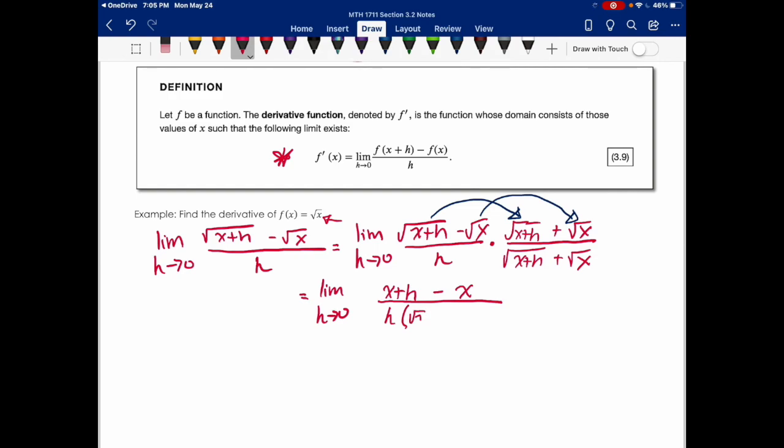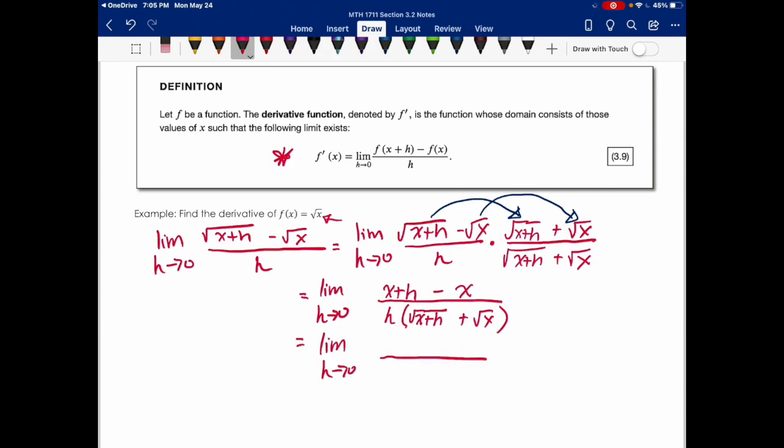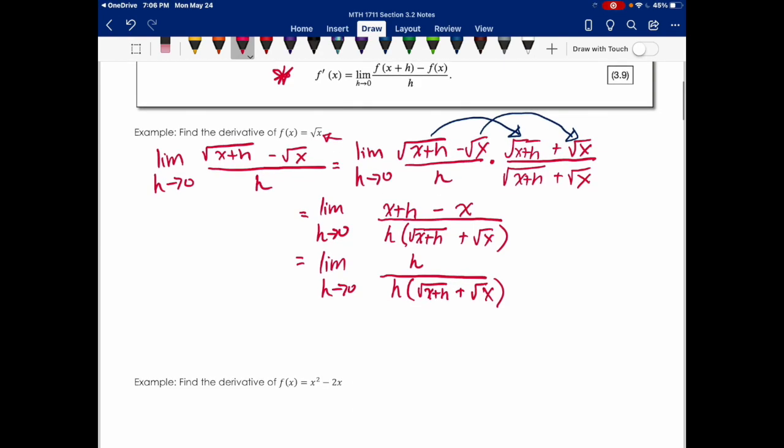Now on the bottom, I'm going to have h times the square root of x plus h plus the square root of x inside parentheses. Now on the top, when I simplify that, I have x minus x, that disappears, so I'm left with h over h times the square root of x plus h plus the square root of x all in parentheses.